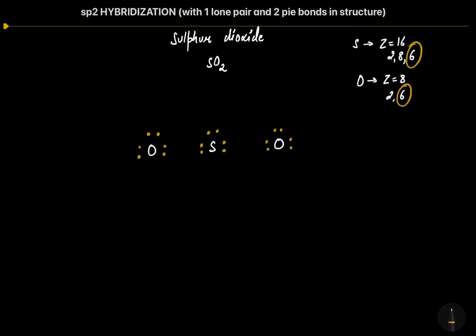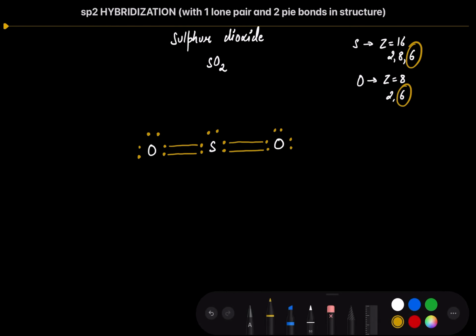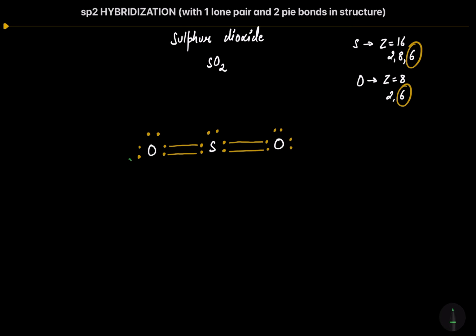Now sulfur will form 2 bonds with the first oxygen and 2 bonds with the second oxygen. Let's count the valence electrons of the first oxygen after the formation of 2 bonds with sulfur: first, second, third, fourth, fifth, sixth, seventh and eighth. That means oxygen has attained an octet of 8 electrons in its outermost shell.